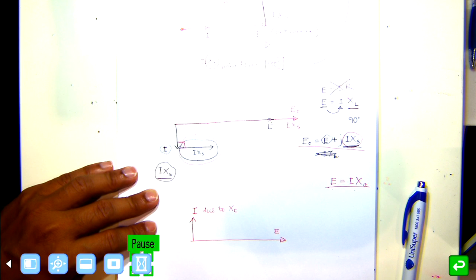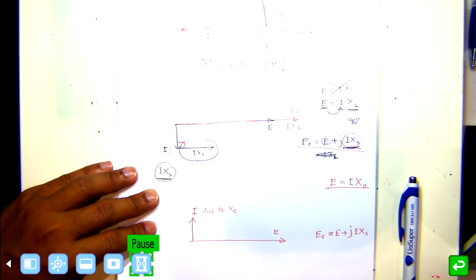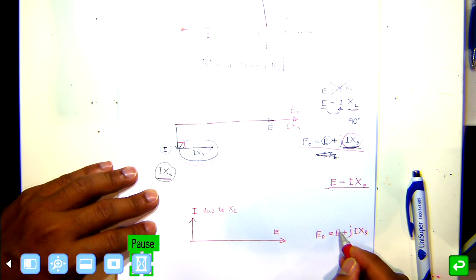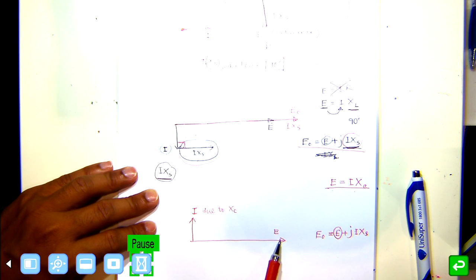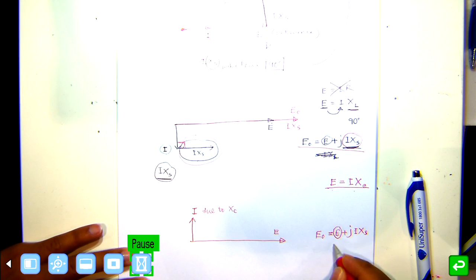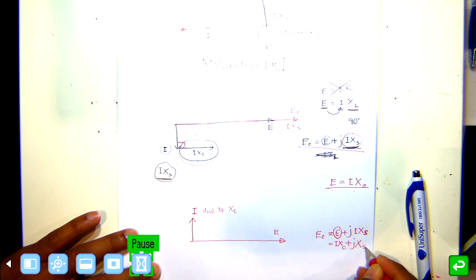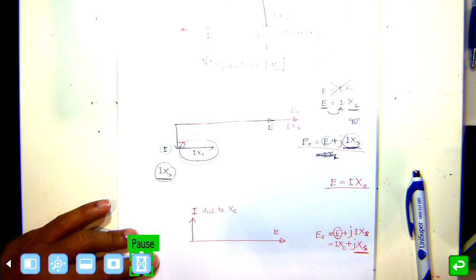Then our equation says that our E0 will be E plus jIXS. This is for the load, that's what we have drawn here. The XS remains as it is, because that is coming from the synchronous reactance of the circuit, and this is coming from the change in the load.